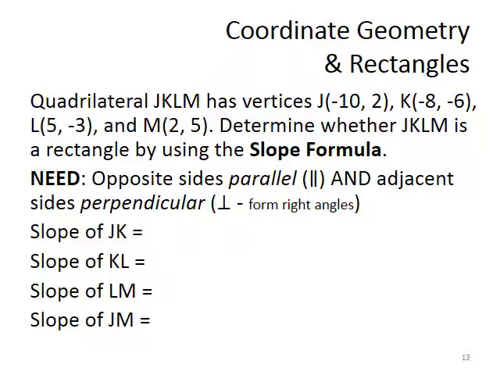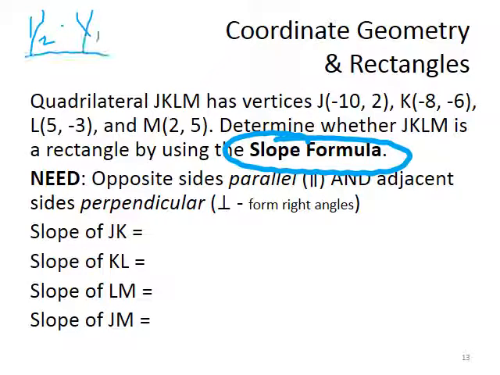You also could do a coordinate proof using the slope formula. That's our rise over run, or y2 minus y1 over x2 minus x1. The y's give us the rise, the x's give us the run, rise over run for slope.